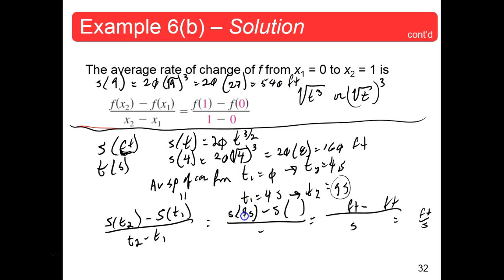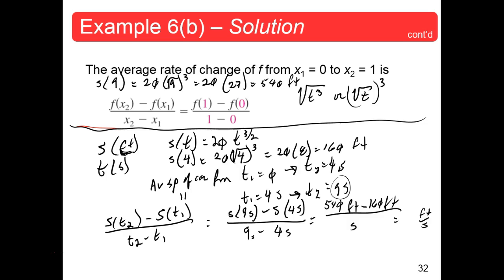So this will be s of 9 seconds minus s of 4 seconds, over 9 minus 4 seconds. We just calculated s of 9 to be 540 feet, and we had already calculated s of 4, which is 160 feet, right?